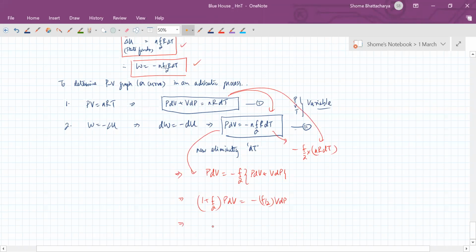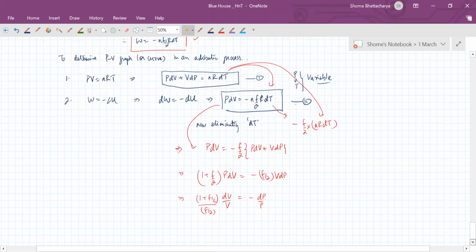or dv by v into 1 plus f by 2 upon f by 2 is equal to minus dp by p.